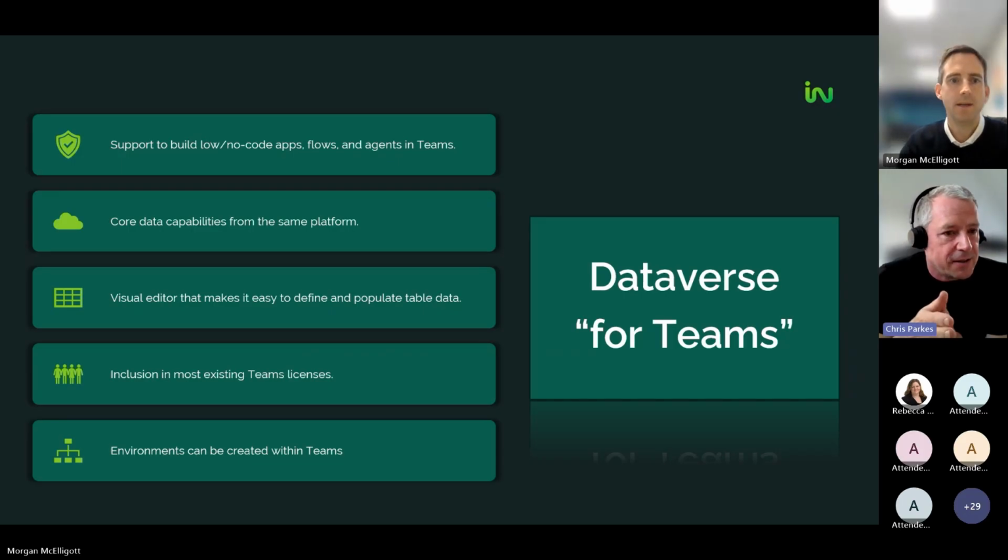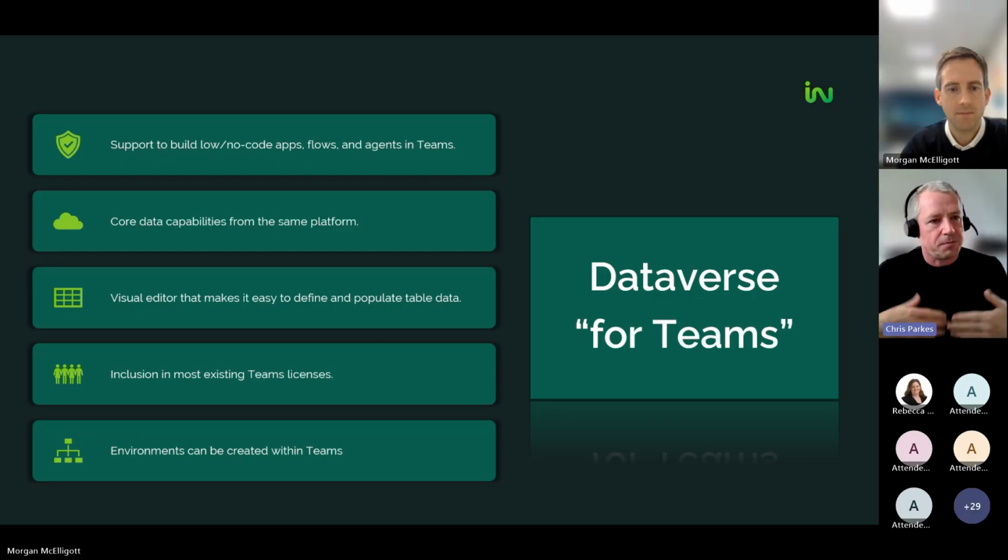And at the top there, it says support to build low code, no code apps, flows and agents in Teams. And this for me is really important because Microsoft talked about citizen developer when they launched the brand of Power Platform and pulled it all together.